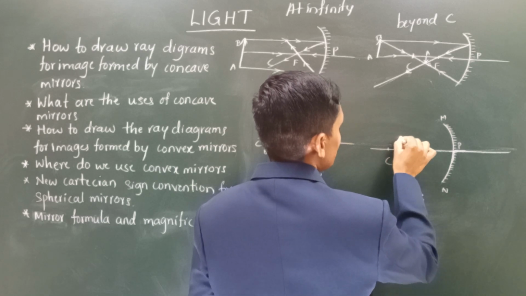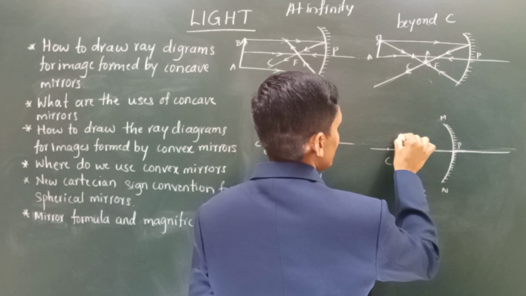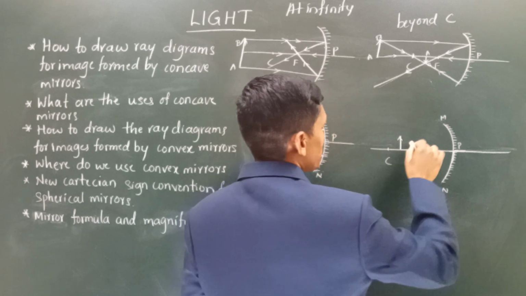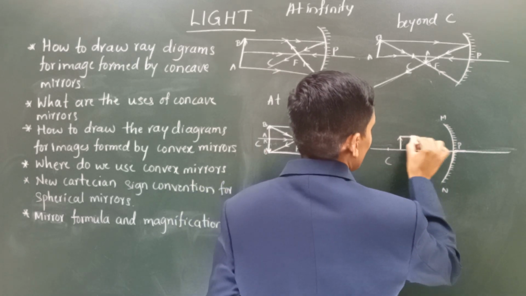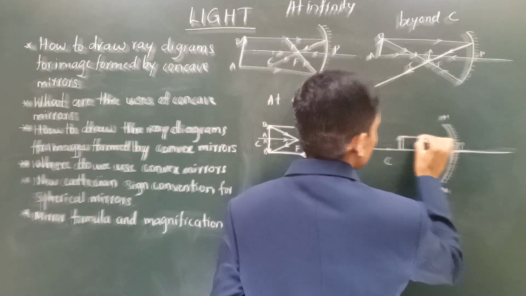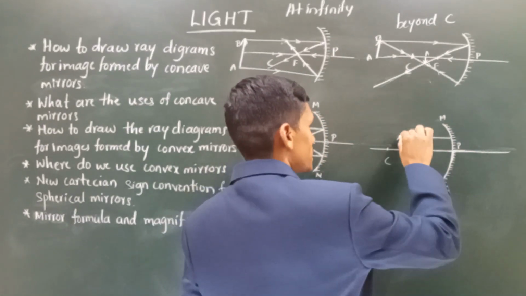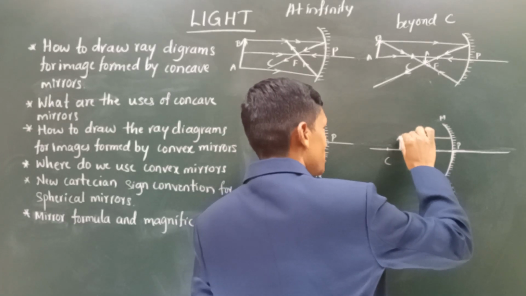Now when the object is between C and F, you have to take one ray which is parallel to the principal axis, the other ray which is passing through the principal focus.